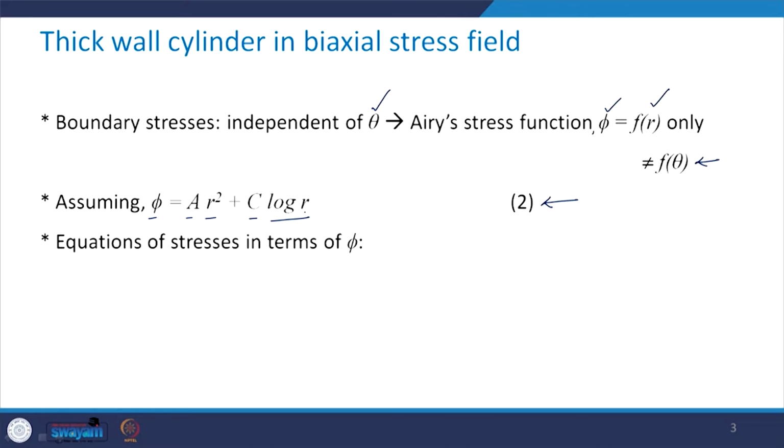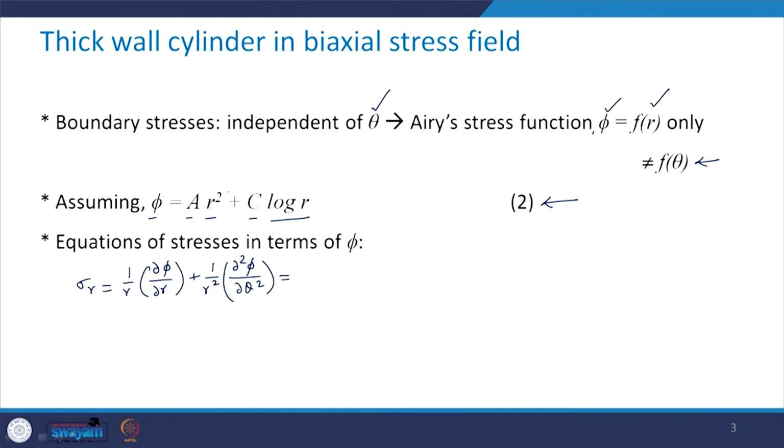So, what are going to be the equations of stresses in terms of phi? Let us see. These are sigma r will be equal to 1 upon r del phi del r plus 1 upon r square del 2 phi del theta 2.